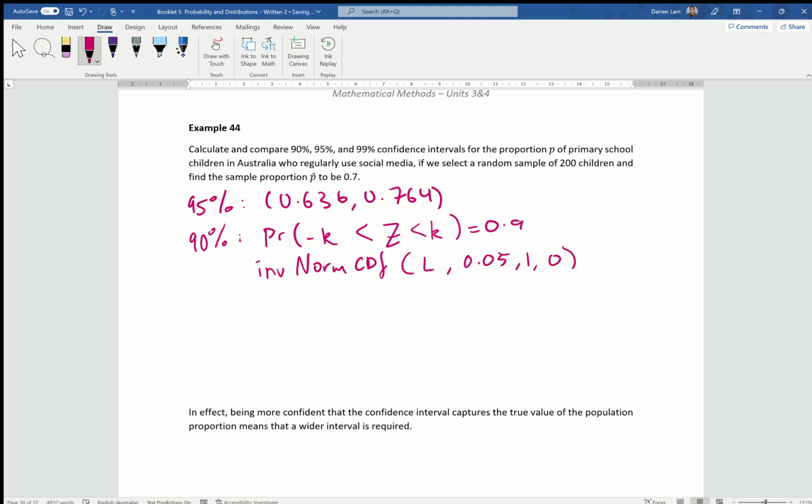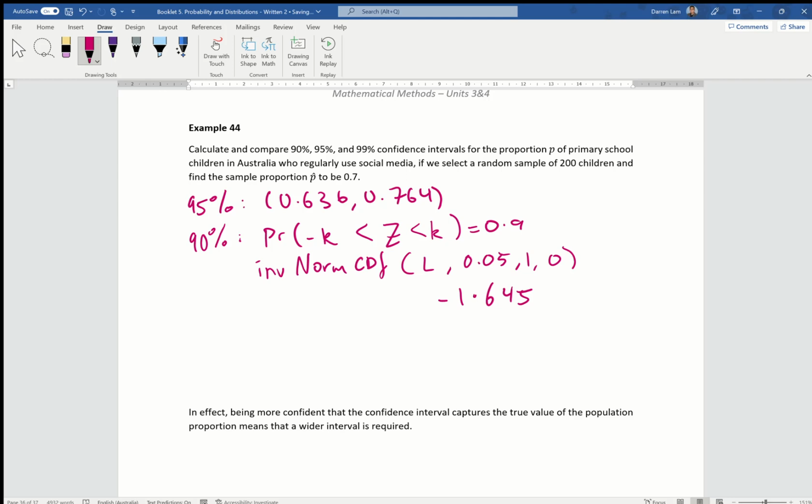I'm assuming you remember this from your previous chapter. We can put that in a calculator. Let me exit this, go to main, interactive distribution. We're going to go inverse norm CDF. We're going left, and again, you could go right, 0.95, that's up to you. Probability is 0.05, standard deviation 1, mean is 0. And we end up with negative 1.645.